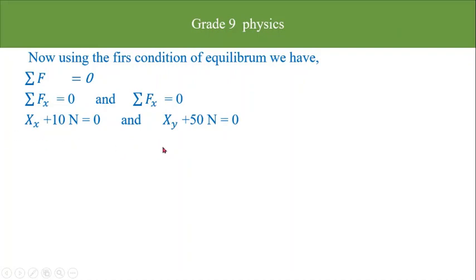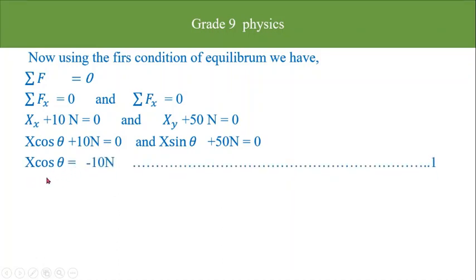These are the given quantities. So by vector resolution, we have x cos theta plus 10 Newton is equal to 0, and x sin theta plus 50 Newton is equal to 0.